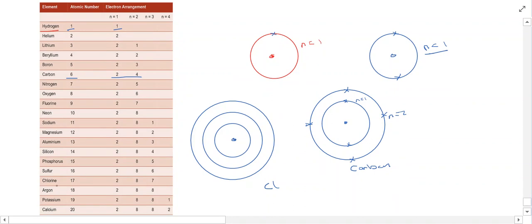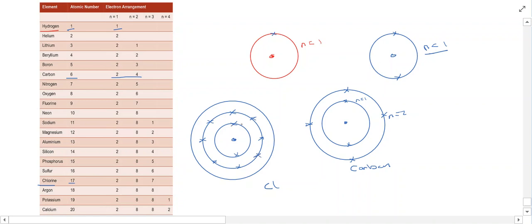Chlorine has 17 protons, so it has 17 electrons. 2 of them are in the first energy level, n is equal to 1. 8 of them are in the second energy level: 1, 2, 3, 4, 5, 6, 7, 8.